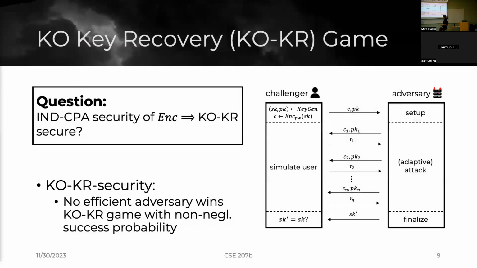So the adversary, it's a security game where the adversary uploads two plaintexts to the challenger, and the challenger encrypts those two plaintexts. And the adversary needs to guess which one of the plaintexts was encrypted.